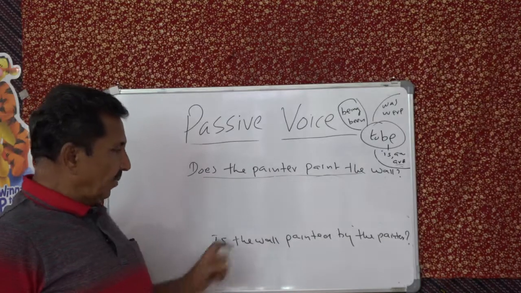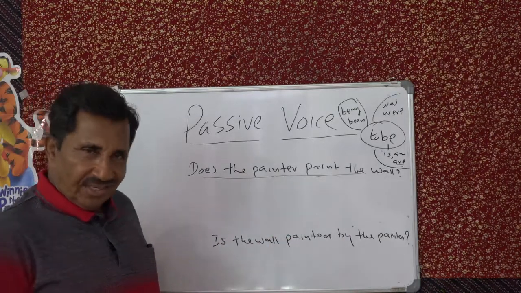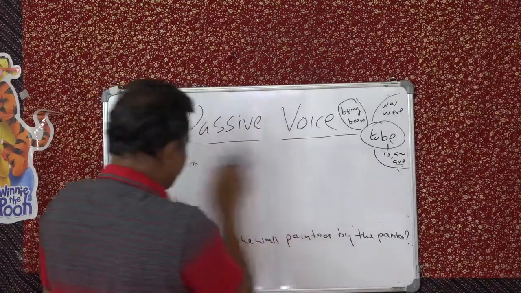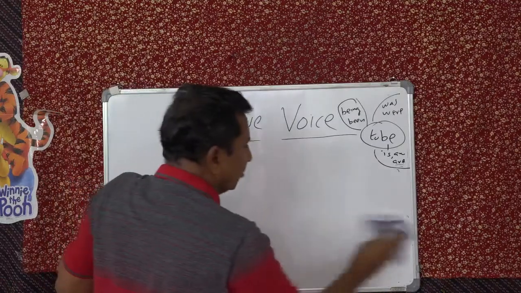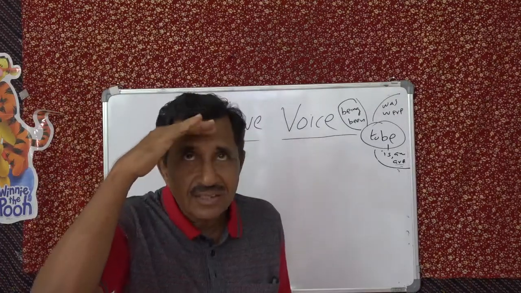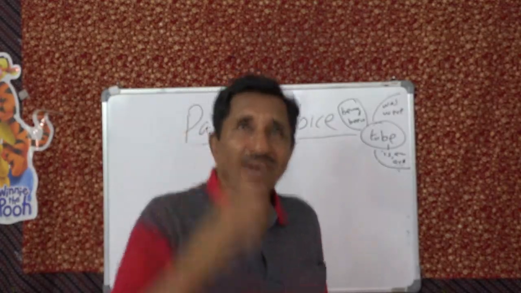Question: "Is the wall painted by the painter?" Do you see that? Yes. If you know this mechanism, so to say. Otherwise, you will just look at the question and think, oh, where is the subject? Where is the object? From where will I get this? What will I do?